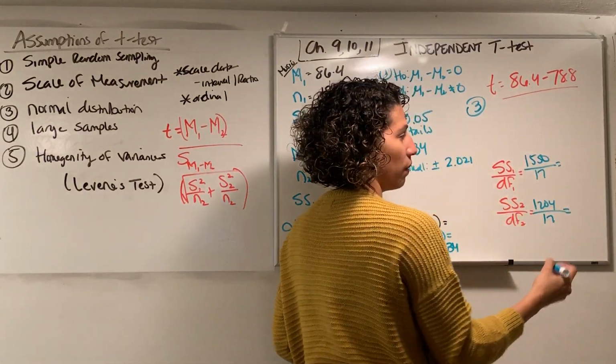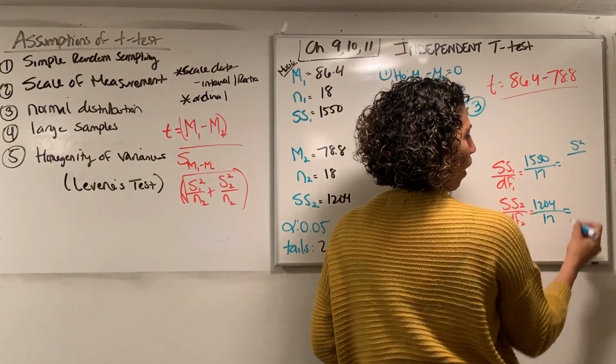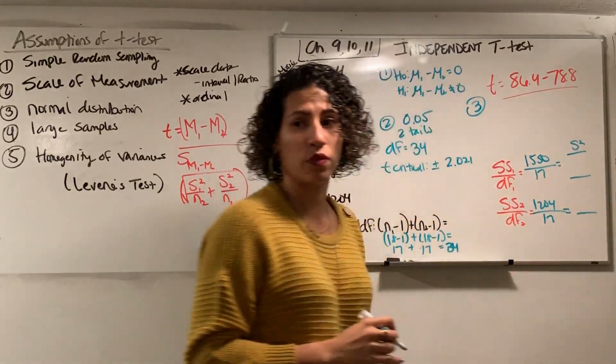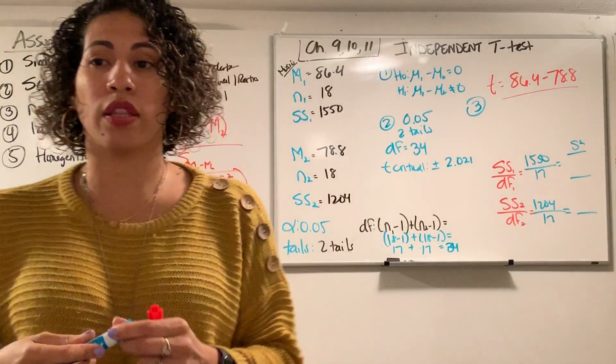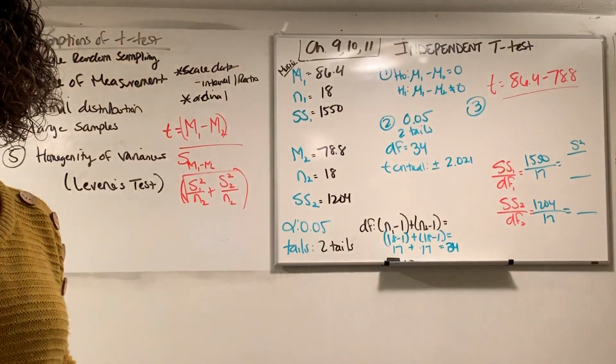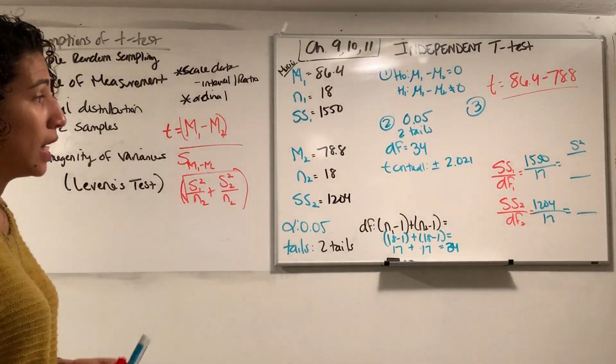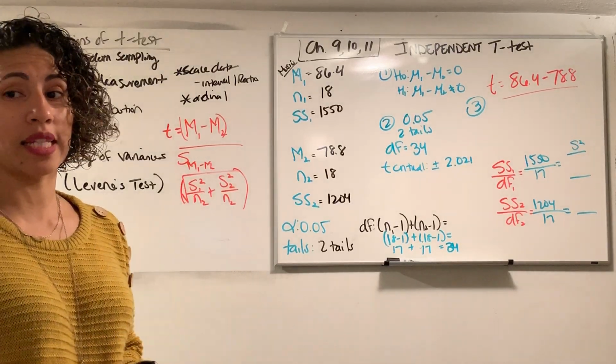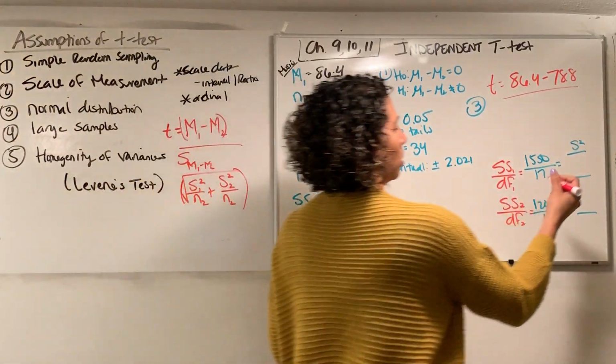And what will this give us? This will give us the variance for each of them. When we calculate the variance for each, we come out with 91.18, and we get 70.82.